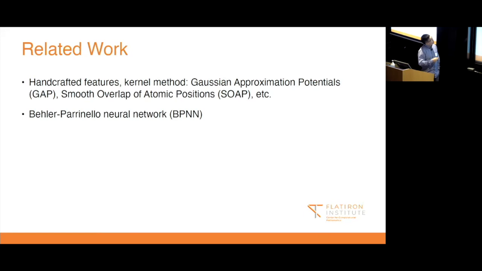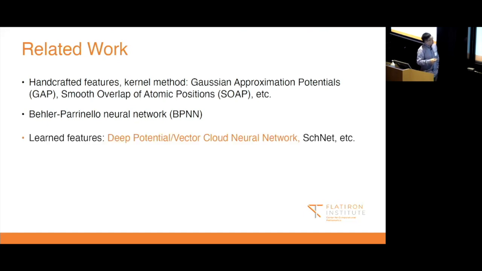Then one important work is called the BP neural network. It is in the same spirit of handcrafted features, but introduces neural networks to replace the kernel method, and it achieved the state of the art at that moment. What we are proposing right now is essentially replacing those handcrafted features with learned features.